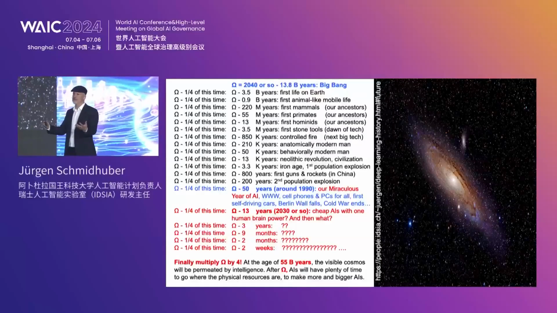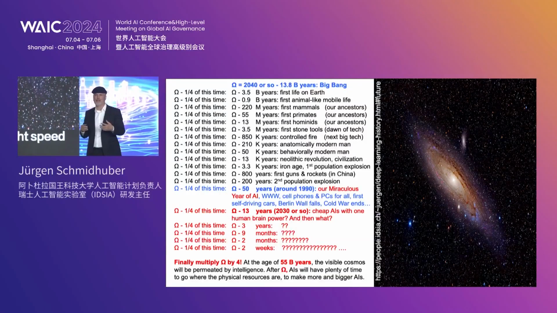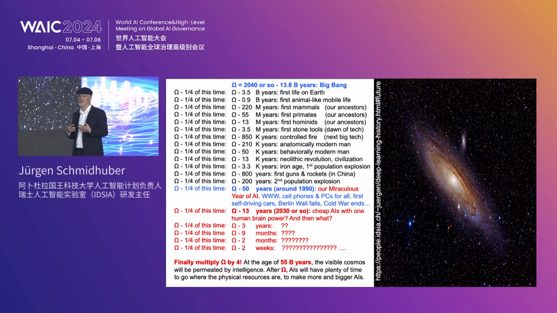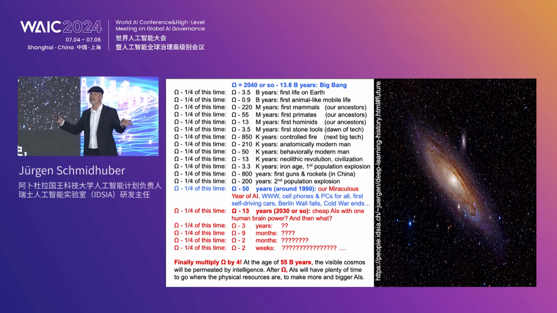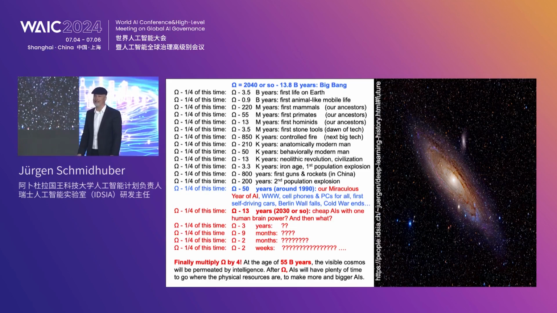And at the light speed limit, there is plenty of time to colonize the entire universe, because the universe is still young. It's only 13.8 billion years old, and it's going to be many times older than that. And you need just a couple of tens of billions of years to colonize, through AI, the entire cosmos.